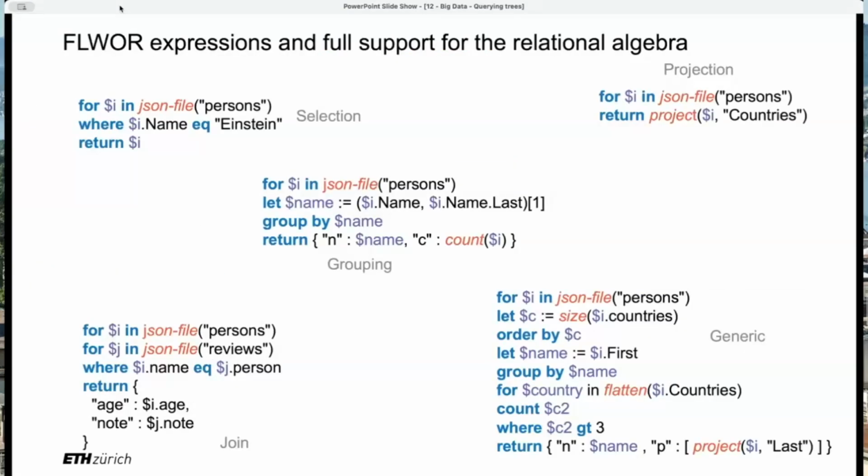But data frames are also used for something else. They are not only used for sequences of objects that have a schema, that works very well with that. They are also used for the implementation of FLWOR expressions, more exactly for individual FLWOR clauses, for, let, where, return, group by, order by, count, and so on. You remember FLWOR? I told you it's at the core of JSONiq, XQuery, and many of the other languages.